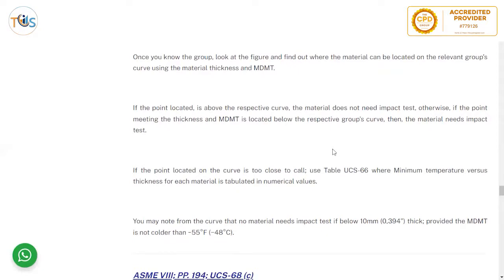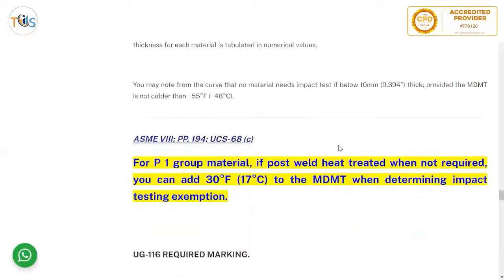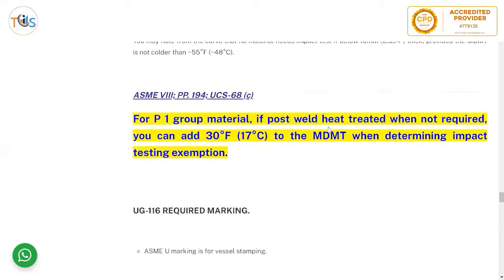So you can compare the number and find it out. You can see from that curve that no material needs impact test if below 10 millimeter, provided the mean design metal temperature is not colder than 55 degrees Fahrenheit or 48 degrees centigrade.